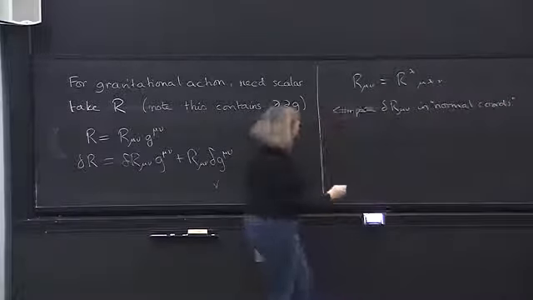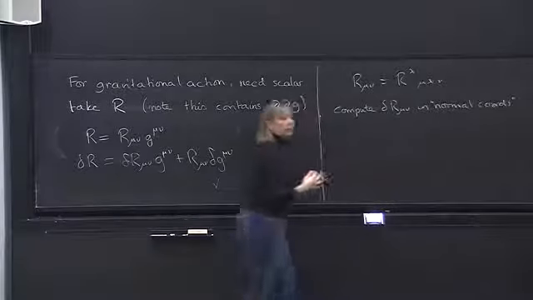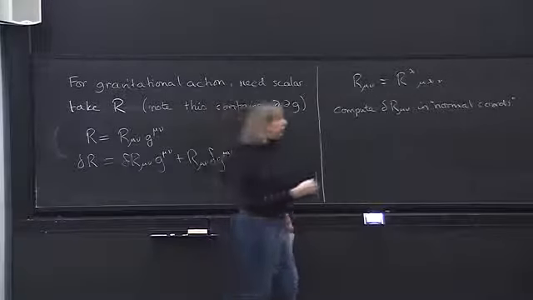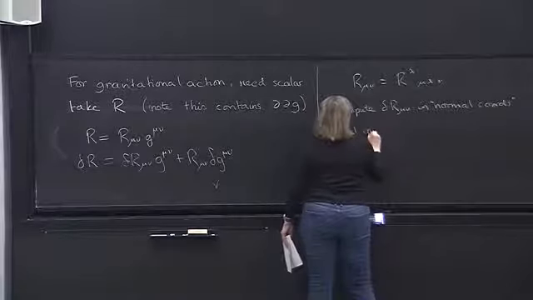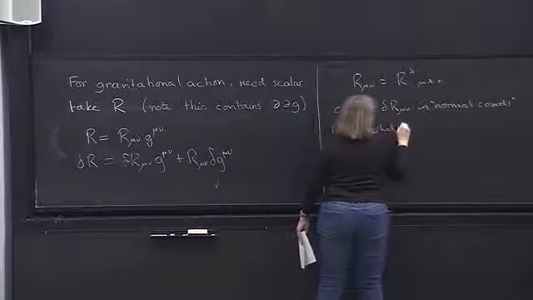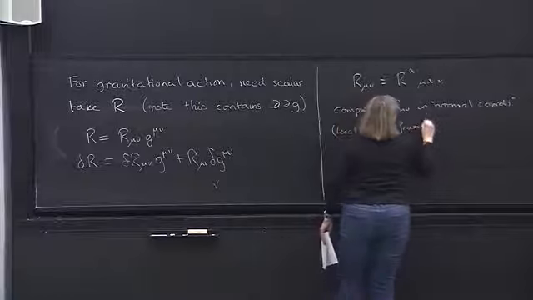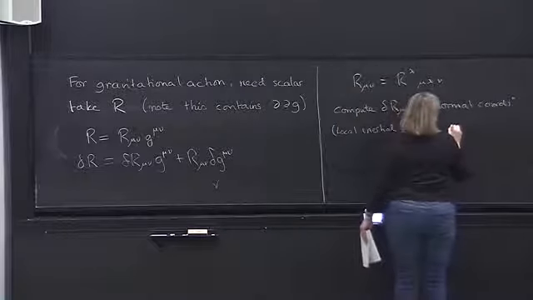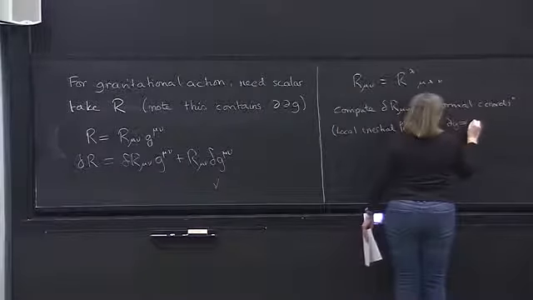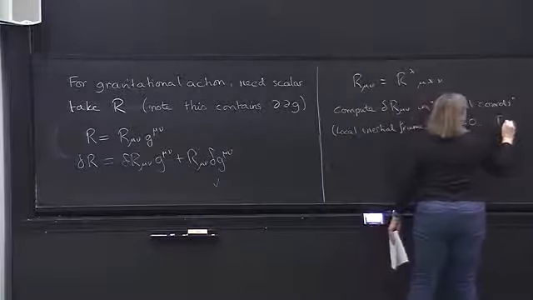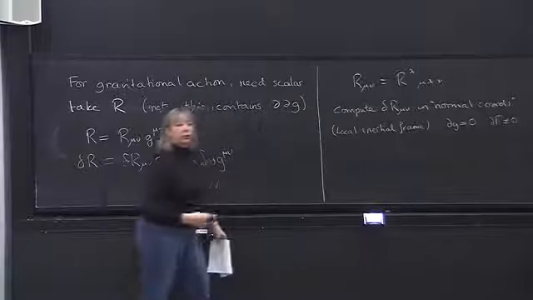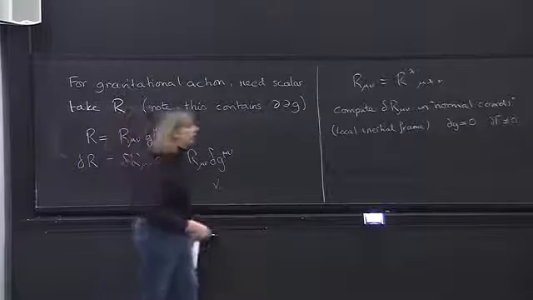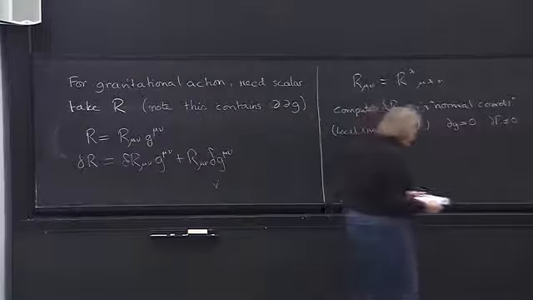In normal coordinates, physically, they're a local inertial frame. So in normal coordinates, derivatives of G vanish, but derivatives of gamma are not zero. So gamma is zero, but d gamma is not zero. That's the idea of normal coordinates.